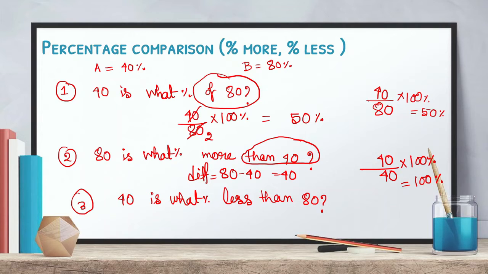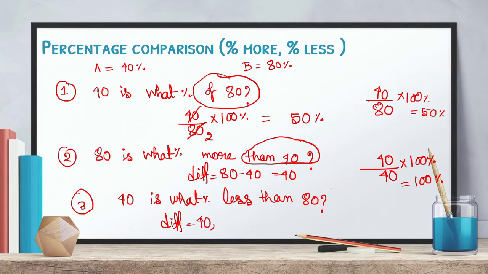Okay. Now we will solve our last question. That is, 40 is what percentage less than 80? So here it is the same also. First we find the difference, and the difference is the same, 40.